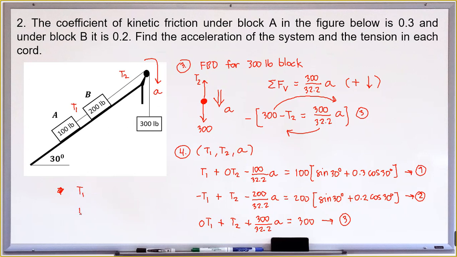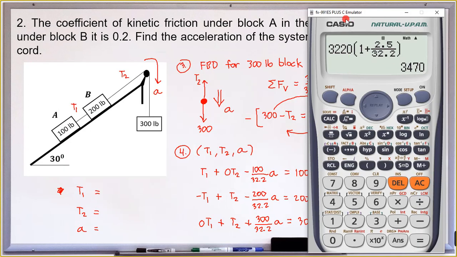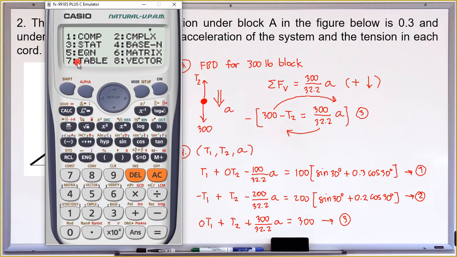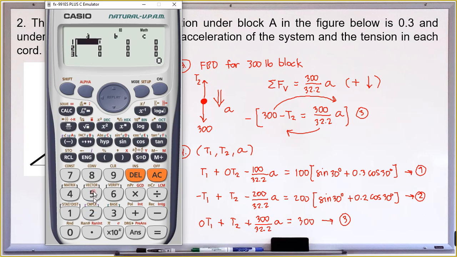Okay? So, T1, T2, and the acceleration. So, using our calculator, we need to input these three equations. So, go to mode, press equation 5, choose number 2 for three equations, three unknowns. So, just type the coefficients. For T1, that is for A, so 1 only. For T2, 0.